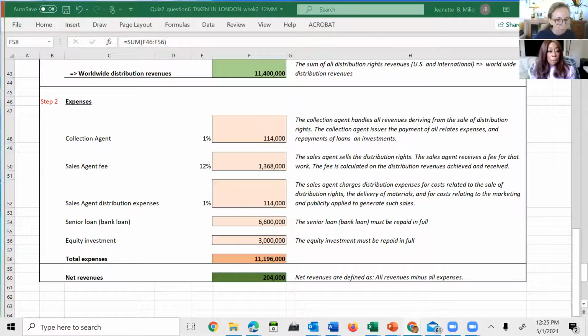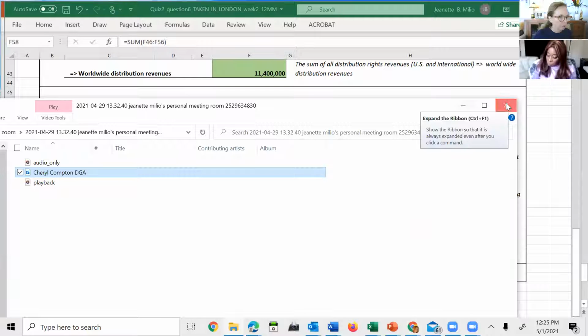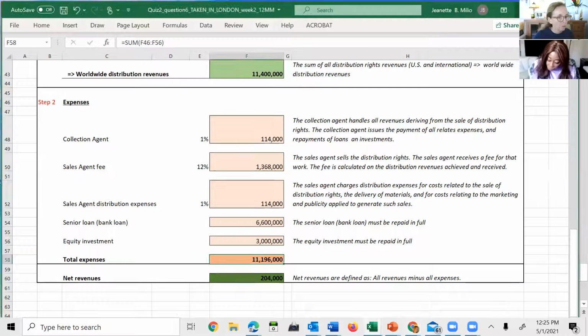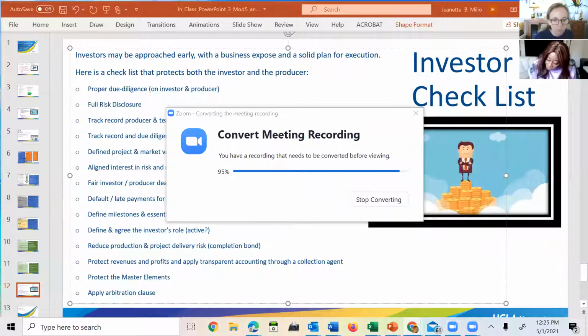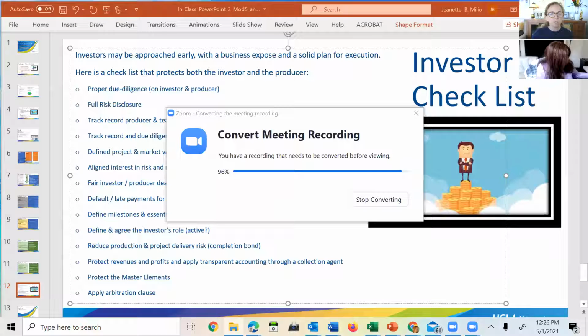Let me try to pull it up for us. Oh no. This is gone. Let me check something real quick. It's still converting. Okay. I want to make sure I'm not changing anything. This is converting good. It's not quiz 4, it's quiz 4, question 5. That's what it is. Un momento, por favor.